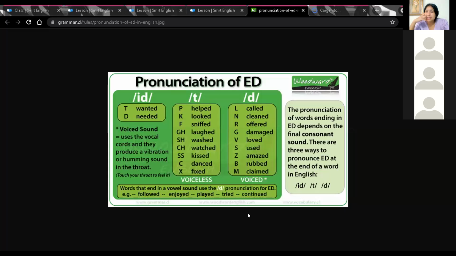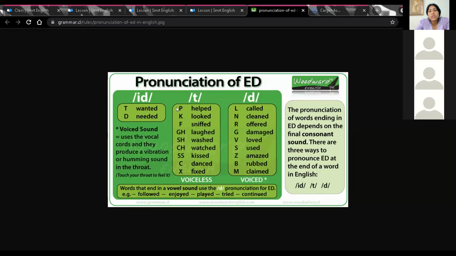Here it says, the pronunciation of ED. The pronunciation of words ending in ED depends on the final consonant sound. There are three ways to pronounce ED at the end of a verb, which are id, t, and d. For example, words ending with a T or D sound, such as wanted, needed.